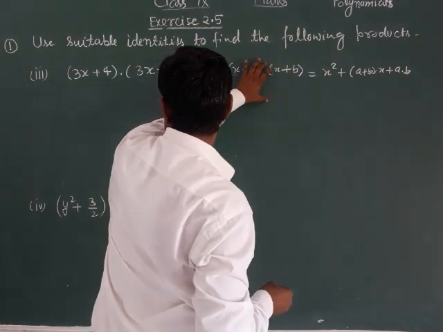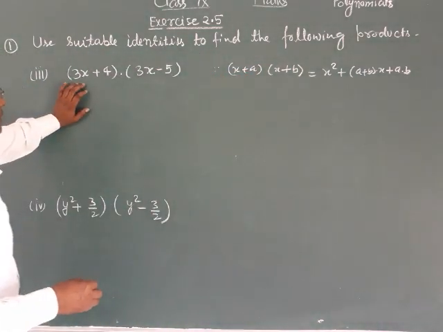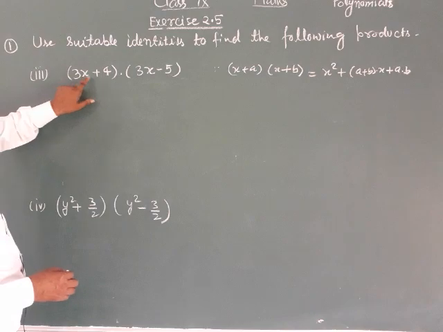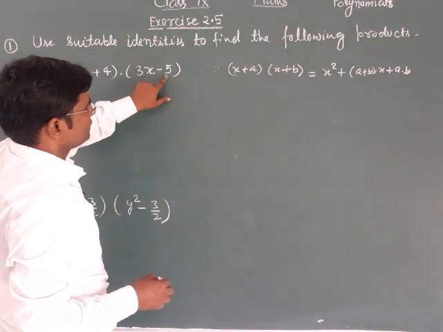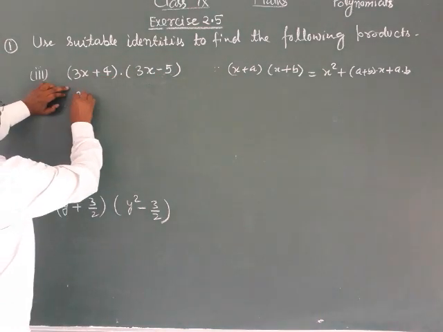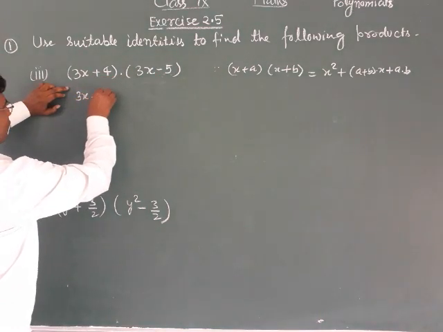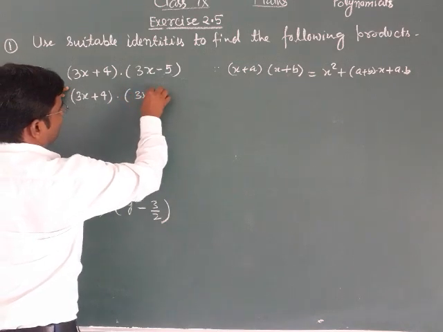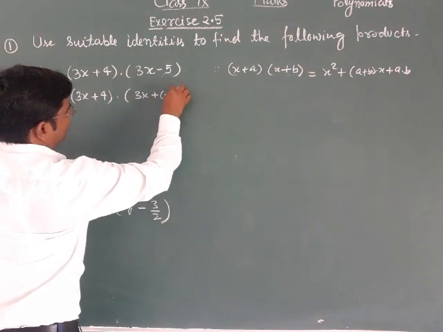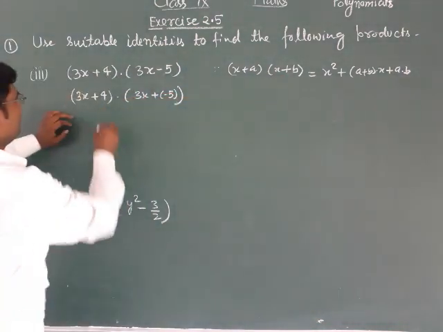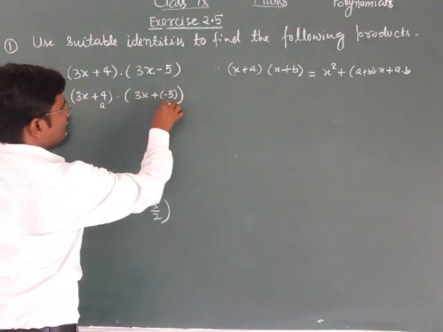Initially we change it to 3x plus 4 and 3x plus (-5). So this is a and this is b.